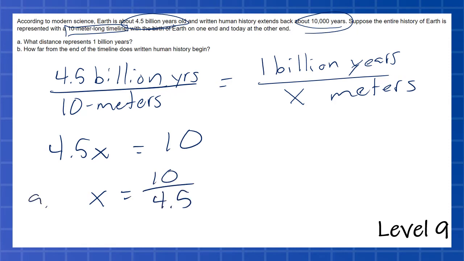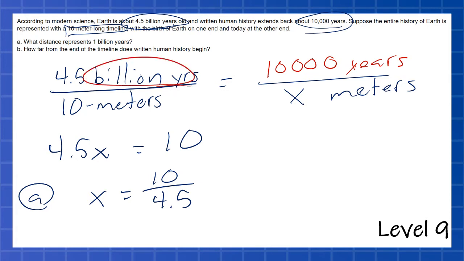Now, that's part A. Part B says, how far from the end of the timeline does human written history begin? Now, human written history is not a billion years. It's only 10,000 years. Now my problem is I can't just cross multiply and solve this one as it sits, because this one is written in years and this one is written in billions of years.